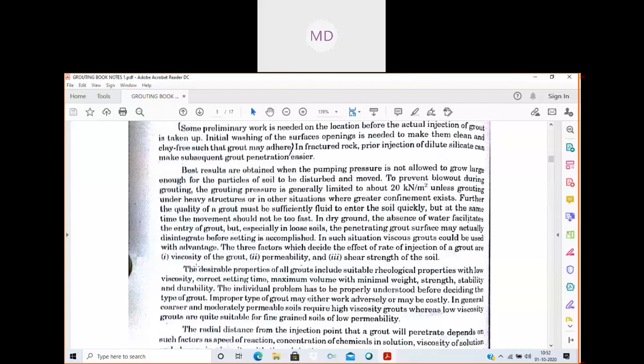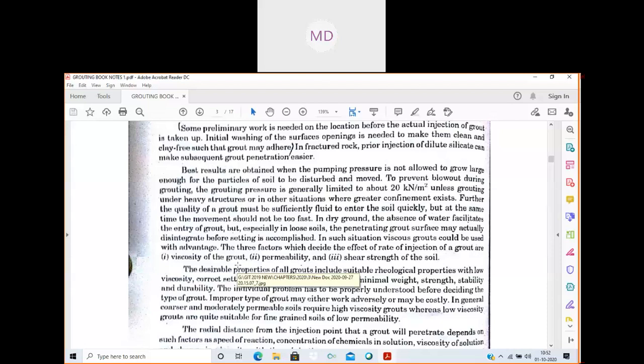These are the three factors which decide the effect of the rate of injection of a grout. The first is the viscosity of the grout. The fluid should not be light and should not flow very fast, but it should not be such that it does not flow at all.